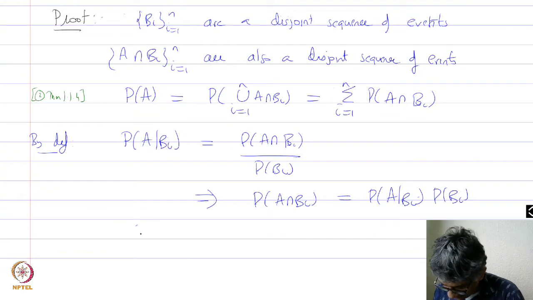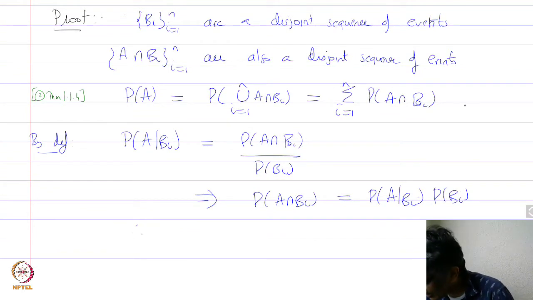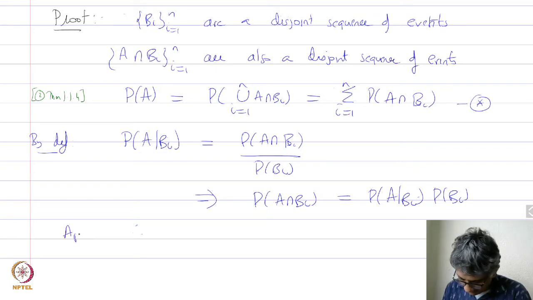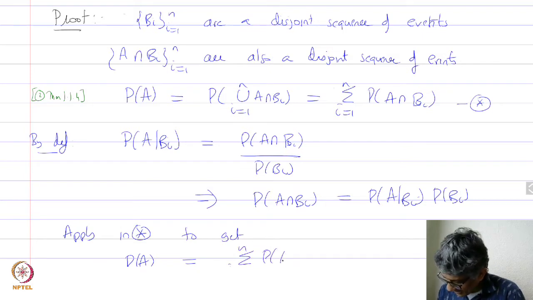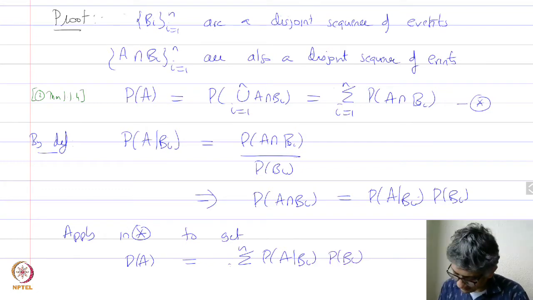So therefore, what do we obtain? Let's call this star. You apply star to get the probability of A is the same as the sum from i equal to 1 to n of the probability of A given B sub i times the probability of B sub i. And that's what we want.